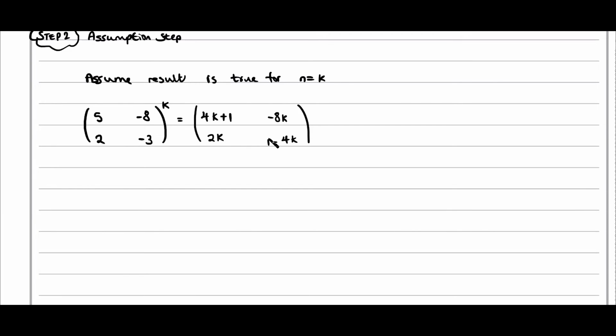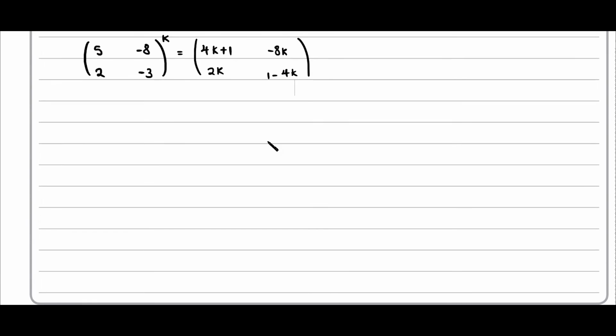And then our inductive step is to try and see what happens when n equals k plus 1. So step 3 is our inductive step, and that's to basically try to see what happens when n equals k plus 1.